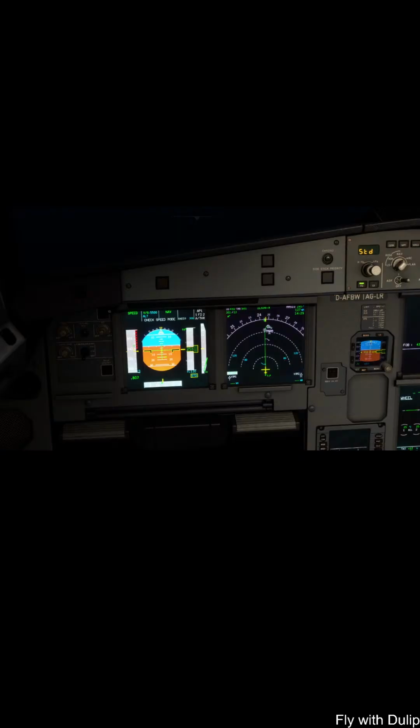Now we are coming in at very high speed for the landing.